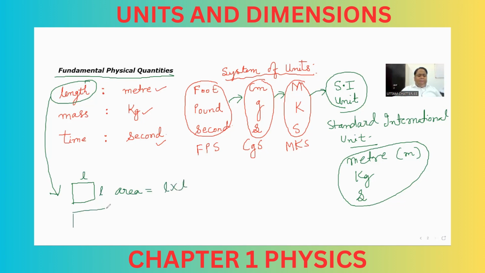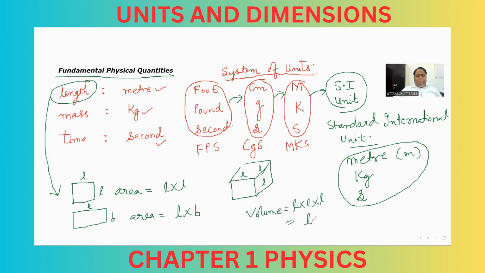If it is a rectangle, length into breadth. If you take volume of any cube, it will be length into breadth into height, which is equal to length into length into length. So volume will be equal to length into length into length, or L cube.